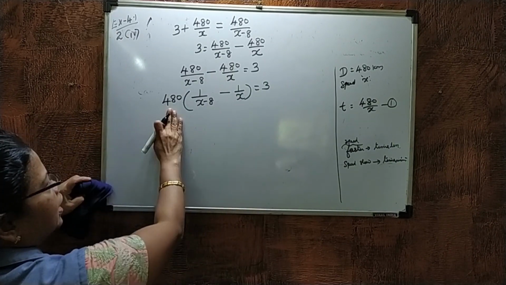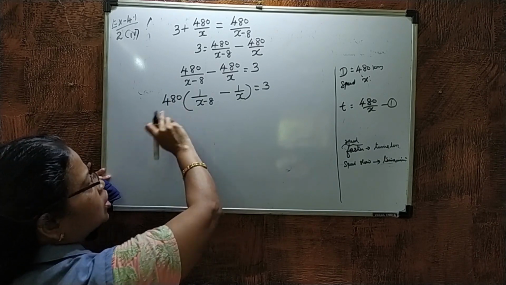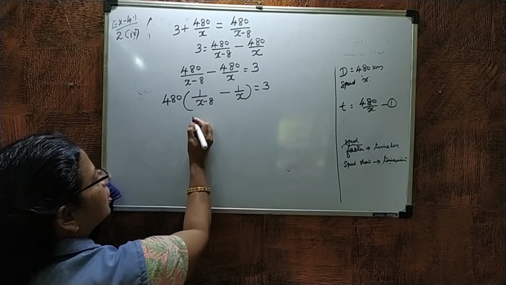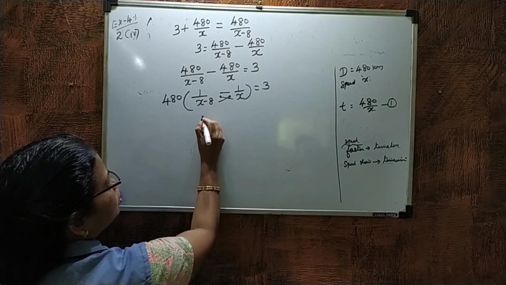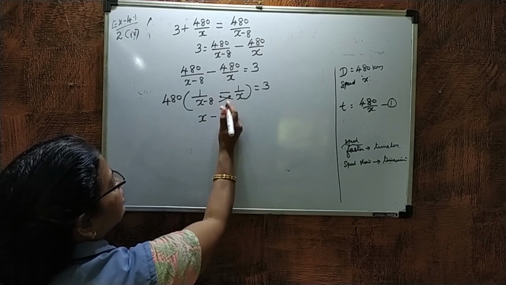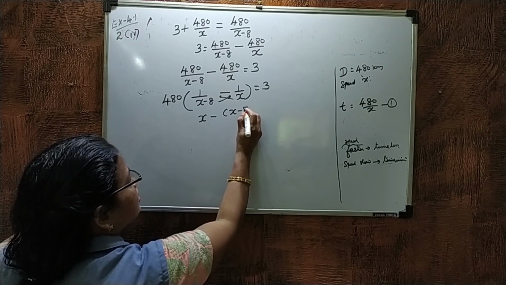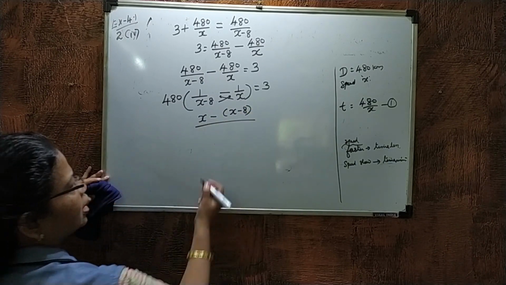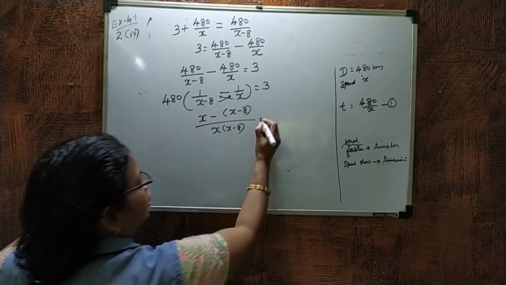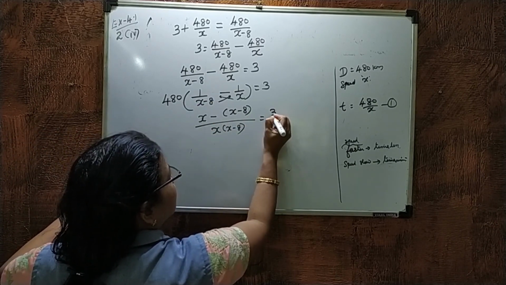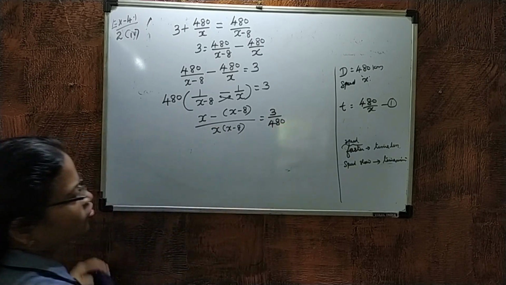Now this 480 should go to the right hand side. Here it is multiplication, going to the other side it will be division. And here what are you going to do? Here we are going to do cross multiplication. So it will be x minus, here 2 terms are there, so we have to keep it in bracket. x minus 8 into x minus 8 equals, we will take this 3 here itself and then 480 to this side, it will be 3 by 1, 480.